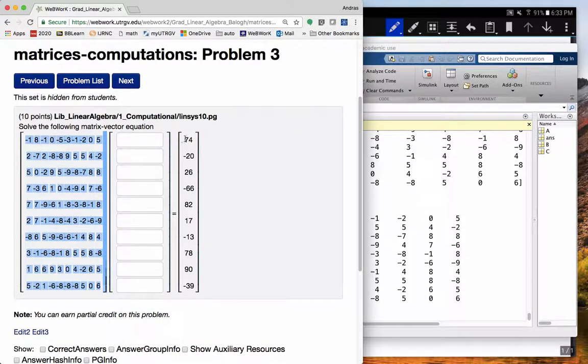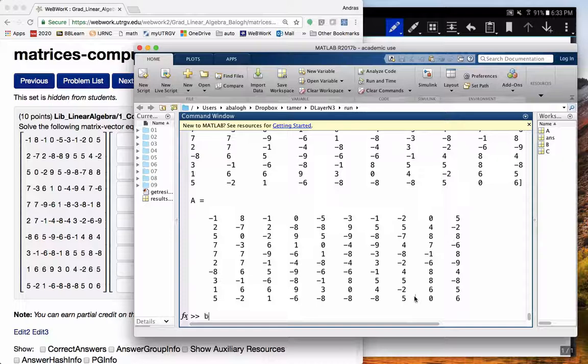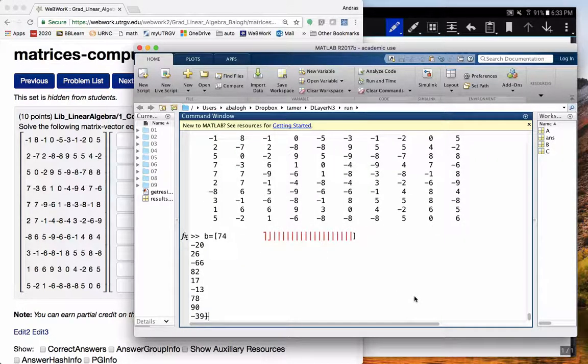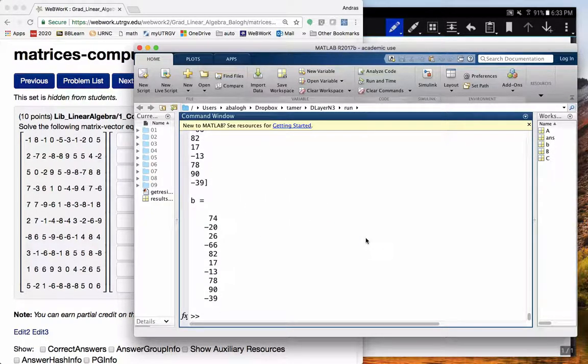Then this is the A matrix, this is our B, the right hand side vector. You can also notice that it actually gets copied into MATLAB as a column vector. And then let's calculate x as A dividing B from the left.